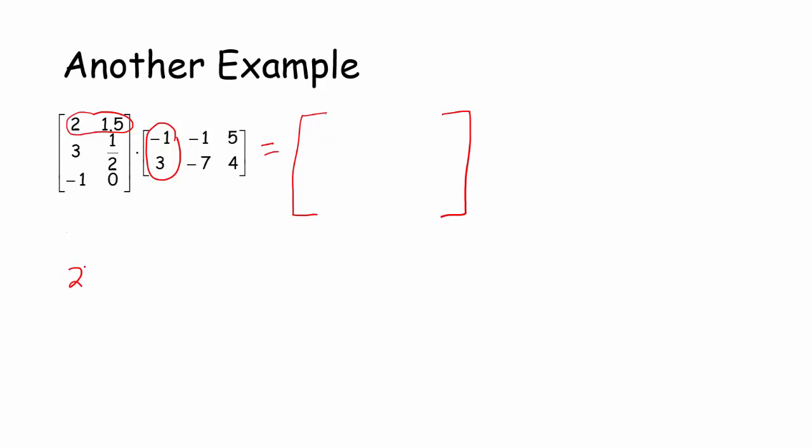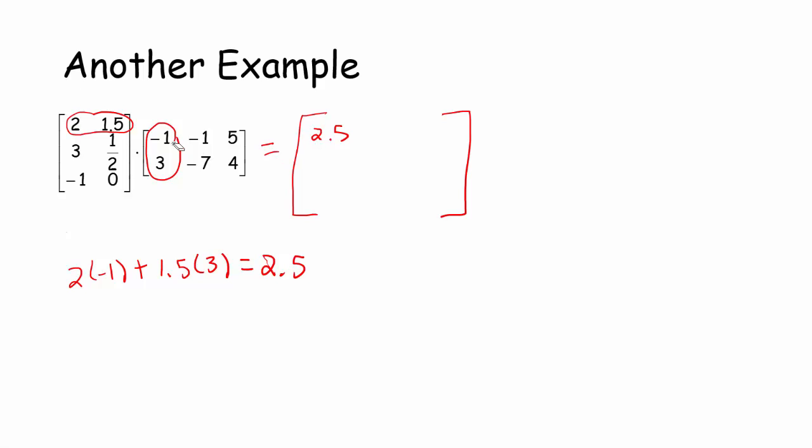So write that out. It's going to be 2 times negative 1 plus 1.5 times 3. So that's going to give me negative 2 plus 4.5, which is 2.5. And that's going to go in the first row, in the first column.